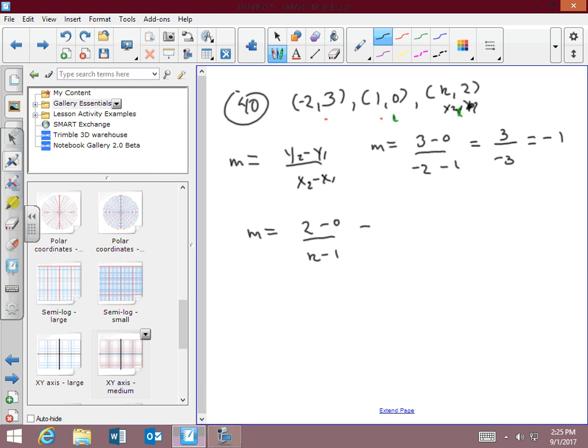And the slope has got to be minus 1, the same slope as the other ones. So now I have 2 over k minus 1 equals minus 1. Now what did I do? Multiply both sides by k minus 1.